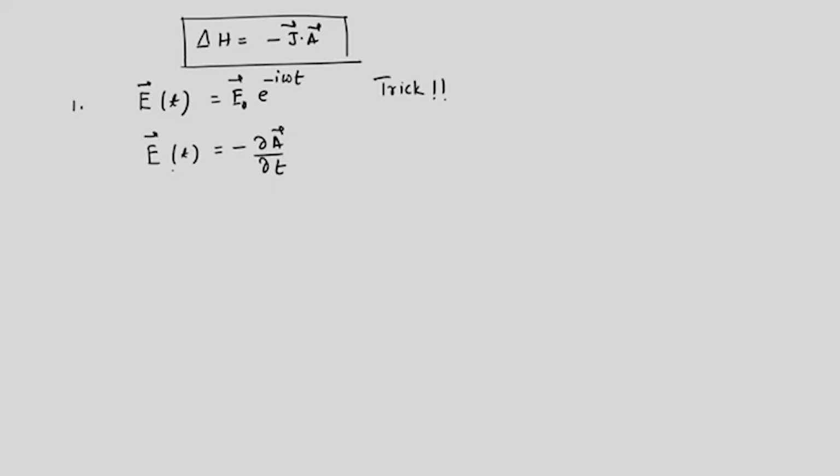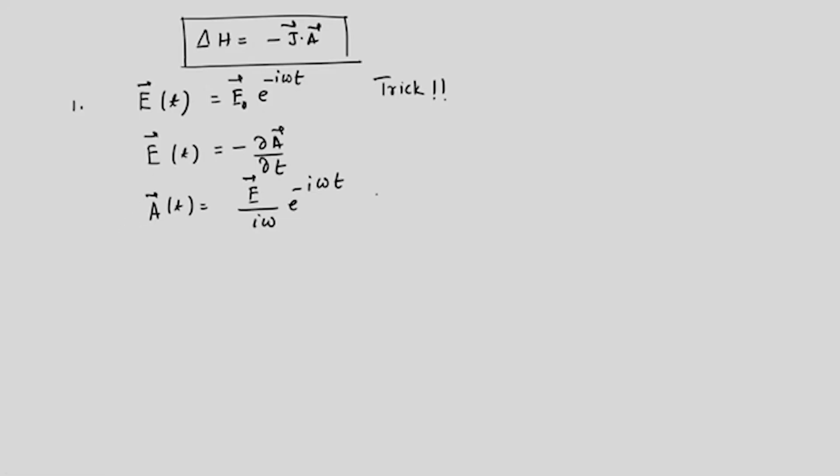And from the Maxwell's equation, the electric field is obtained from the time derivative of the vector potential. So, this is your E of t, and it is precisely for this reason that we have taken it as a function of time, because your A of t is really like E divided by I omega exponential minus I omega t. Okay. So, this is your A.